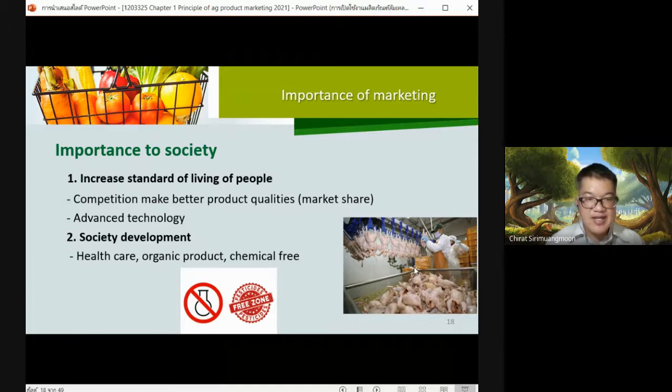And then society development. We cannot deny that marketing issues affect society development because for now, food or agricultural products should be safe for you.